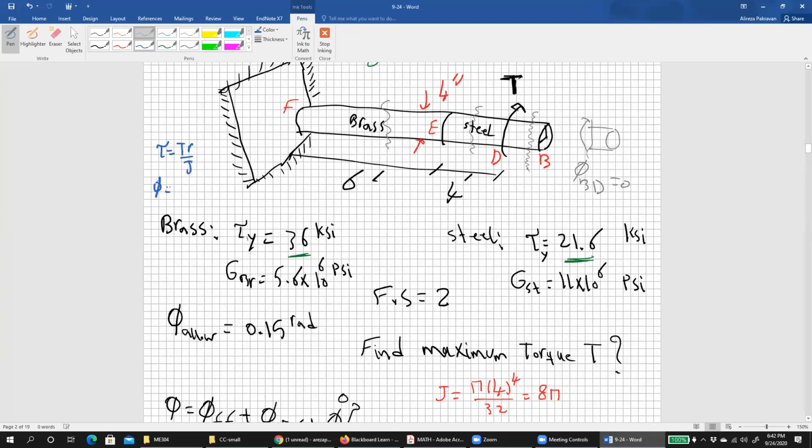The other one, TL over GJ. We should check both of them. But if it said, okay, find the torque if sigma allowable is this, and it doesn't say anything about tau, then just use this formula. Right? Yeah, that makes sense.